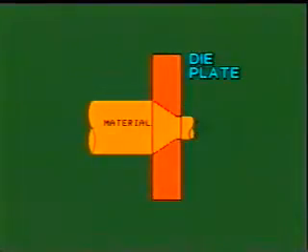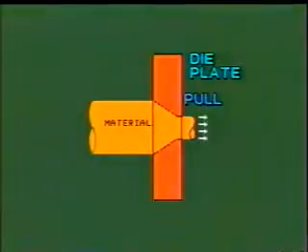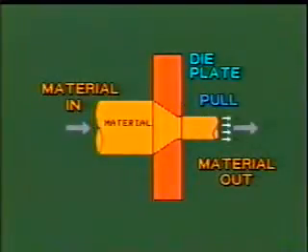The hole in the die plate is smaller than the size of the rod or undrawn wire. Thus, when the rod is pulled through the hole in the die plate, it causes a reduction in the diameter of the rod.